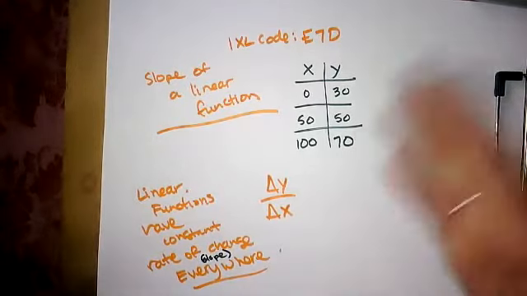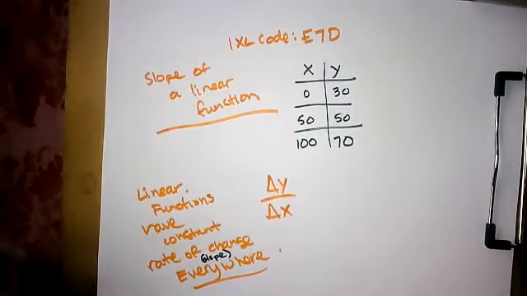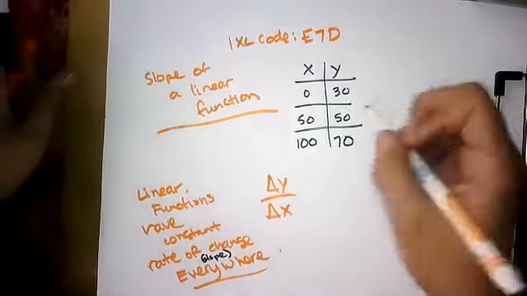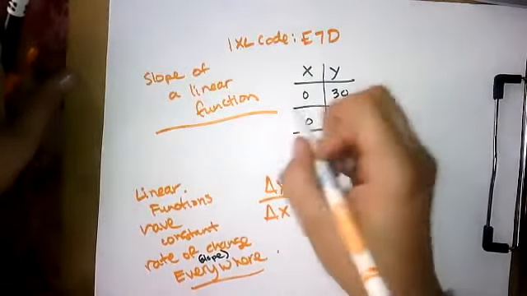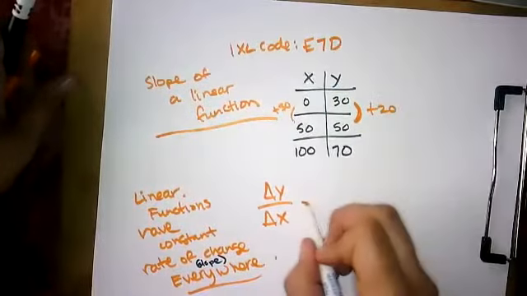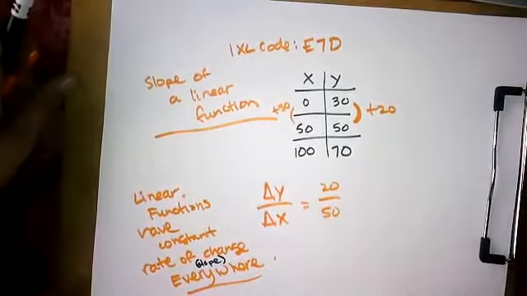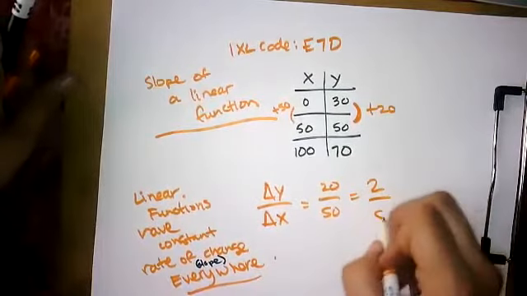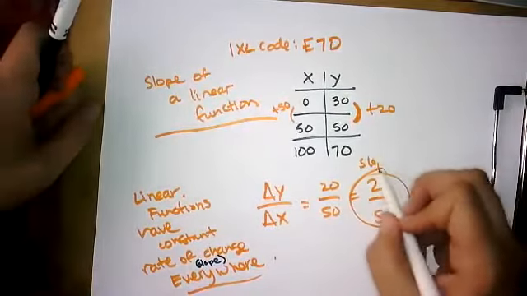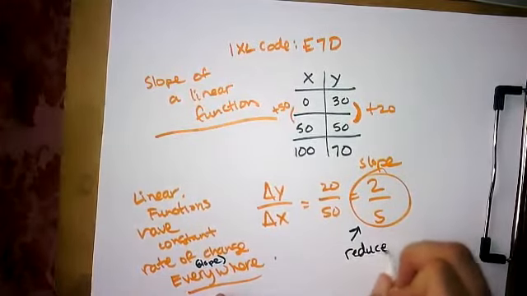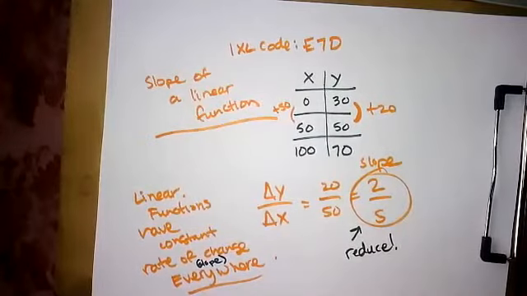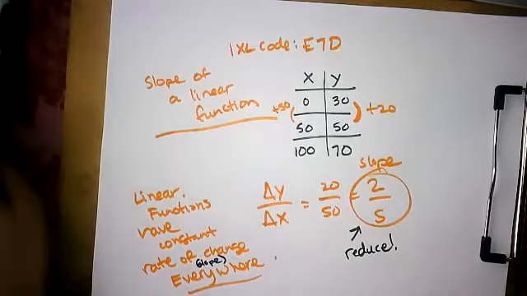What that really means is you can choose any 2 points and find the difference between them, and it'll give you the right answer. I always tell kids to choose the easiest. If I look from 30 to 50, this is going up 20. And if I look from 0 to 50, it's going up 50. So it's the change in y over the change in x, 20 over 50, which reduces to 2/5. So the slope of this line is 2/5. You do need to reduce. Two-fifths.